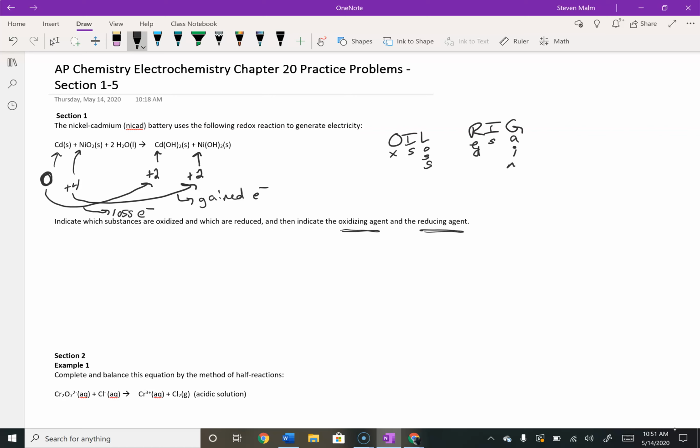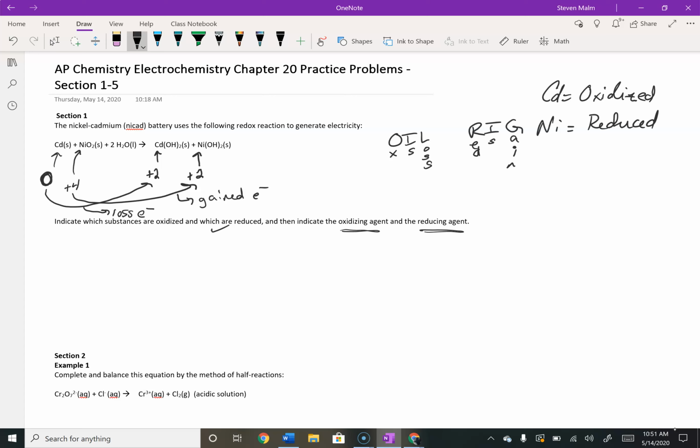So cadmium was oxidized, and nickel was reduced. And that is our indicating which is oxidized and which is reduced. So we've done that first part.